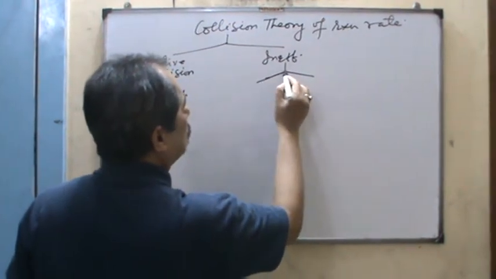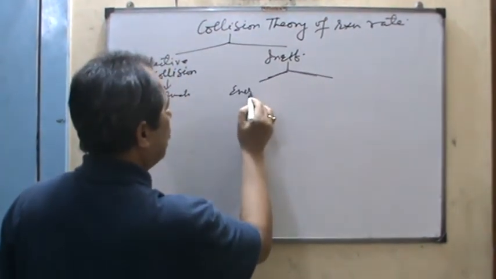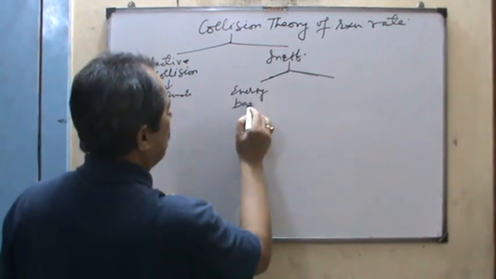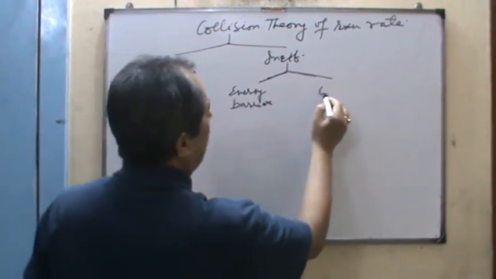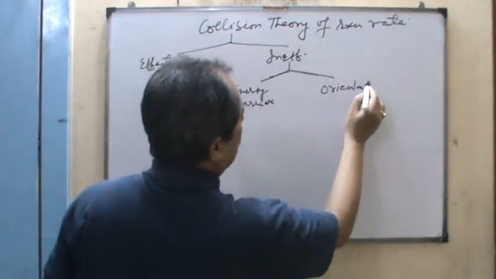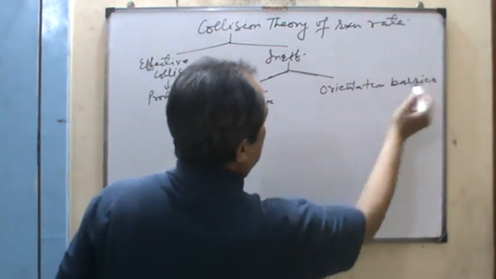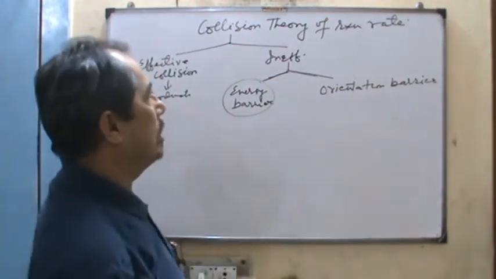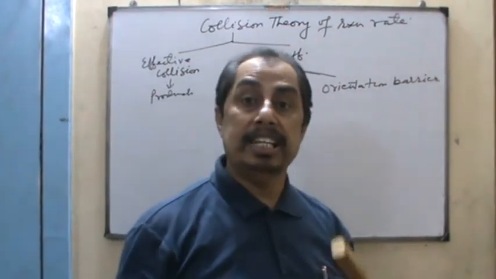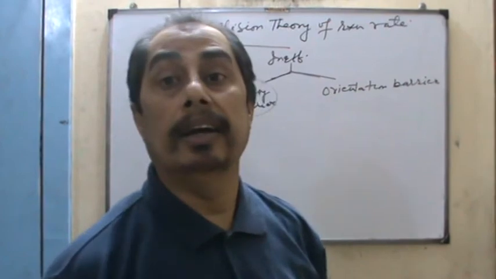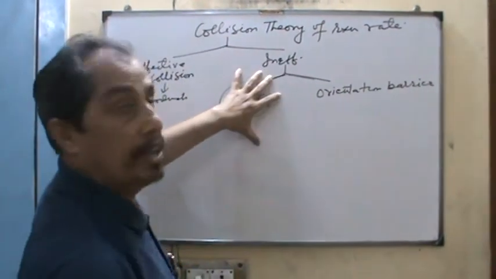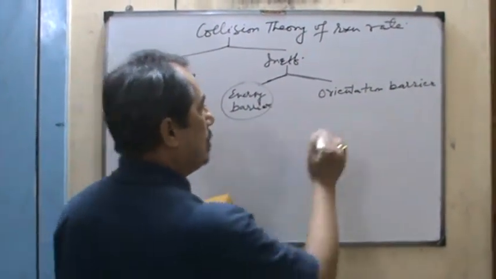So they have to face two barriers: the energy barrier and the orientation barrier. My dear students, energy barrier means the minimum energy needed is the activation energy, which gives the activated complex. What is the orientation barrier?